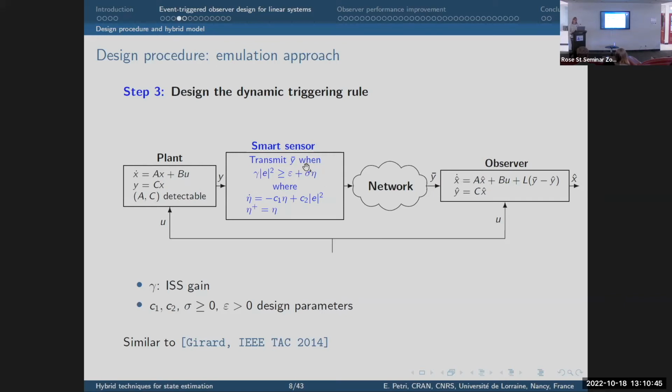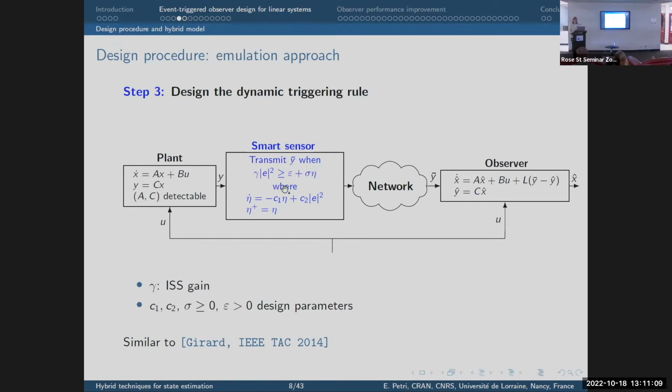In this additional term, we have this variable eta, that is a scalar filter as described here, and where c1 and c2 are positive design parameters. Sigma here is another design parameter that can be selected equal to 0, so we can recover the absolute threshold triggering rule already present in the literature.